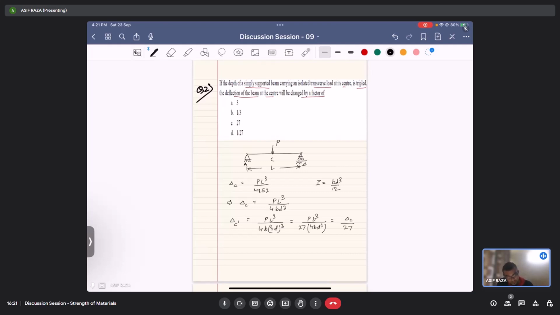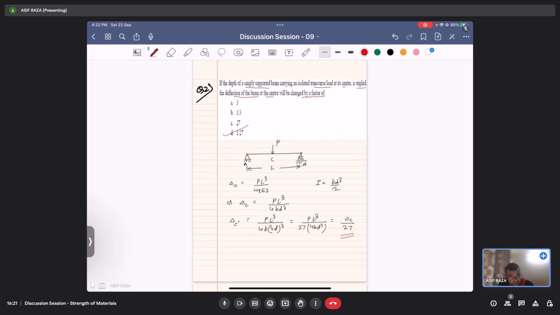So we can see when the depth of the beam is tripled, the deflection reduces and it is changed by a factor of 1 by 27. So the correct answer would be option D, 1 by 27.